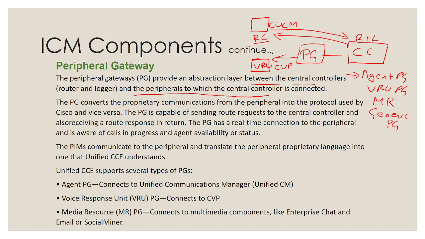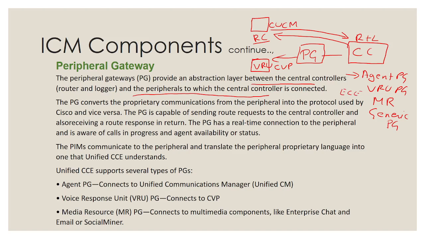Agent PG is used to connect to the ACDs like CUCM, Avaya Aura or any other call manager. VRU PG is used to connect to the VRU units, voice response units like CVP. Media routing PG is used to connect to social media platforms, and also it can connect to email, chat, enterprise.